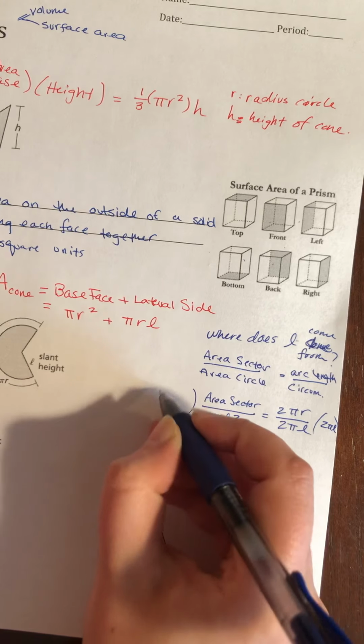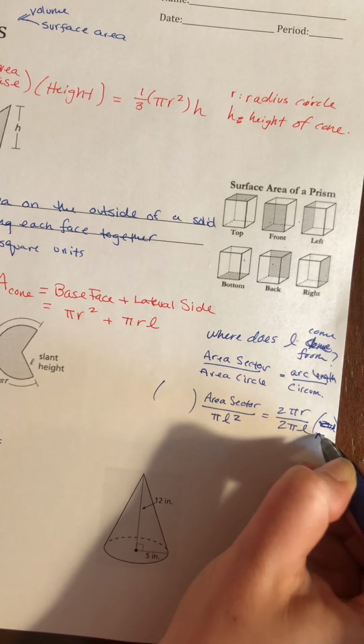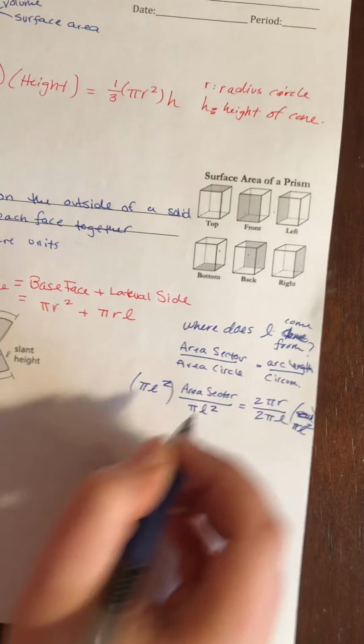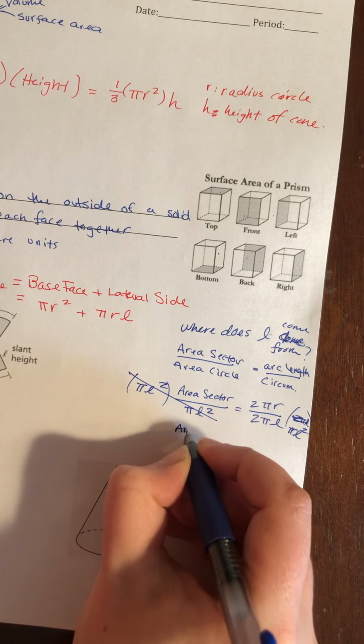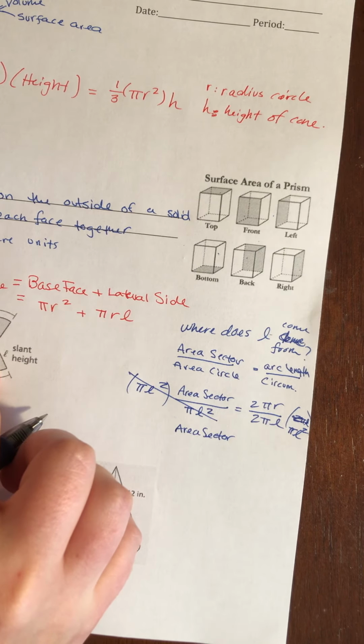Multiply both sides by pi L squared, and you get the area of that lateral side.